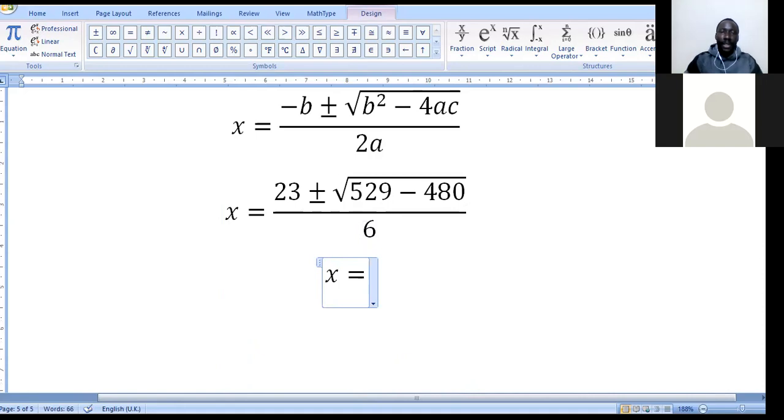Well, what is 529 minus 480? That gives 49. And the square root of 49 is 7. So we are dealing with 23 plus or minus 7, divided by 6.